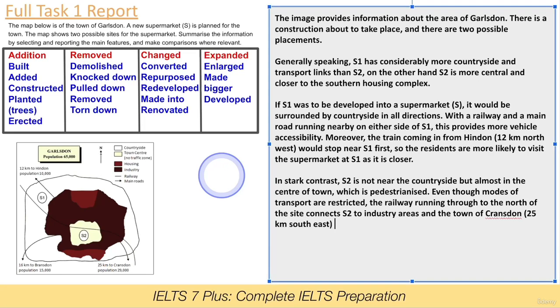Making sure our directions are okay. Cranston, yeah.